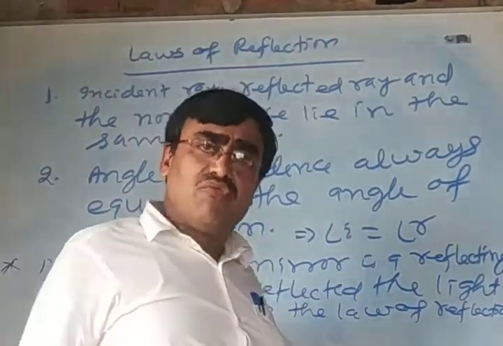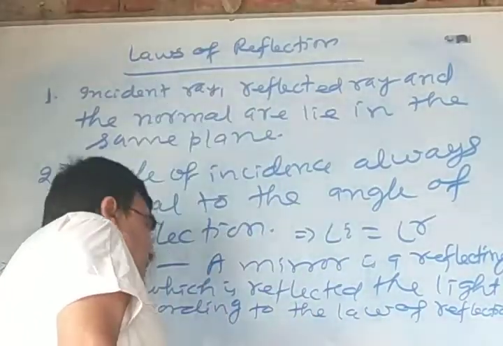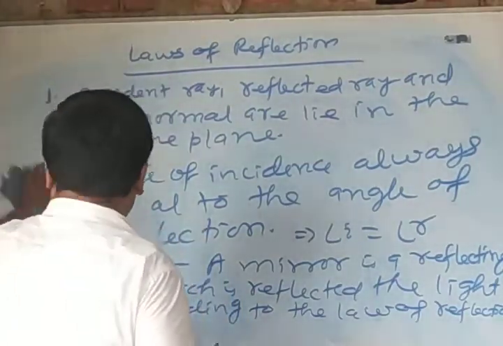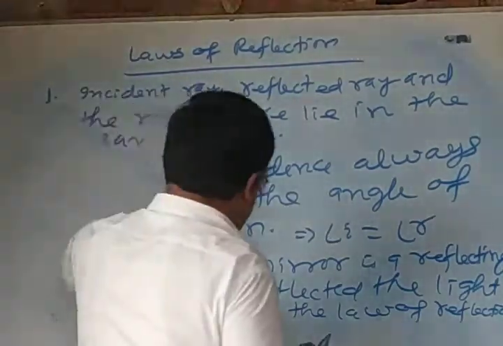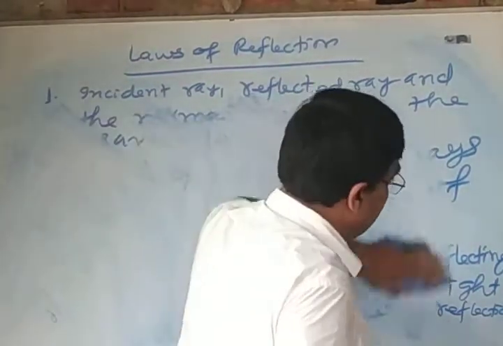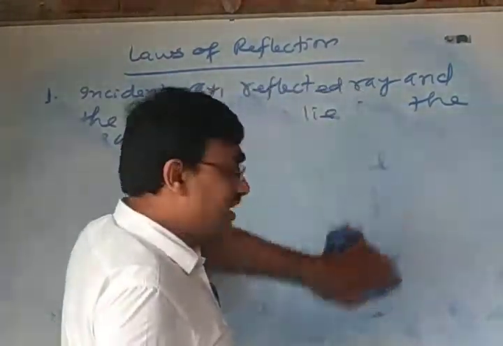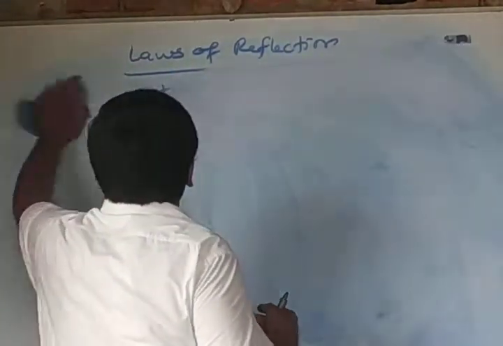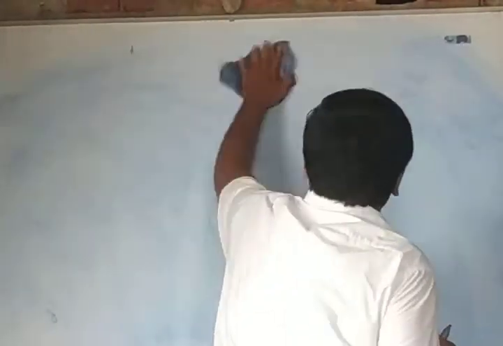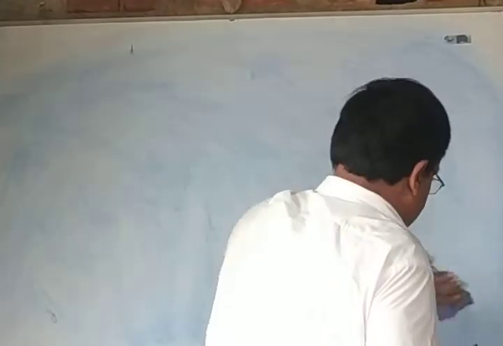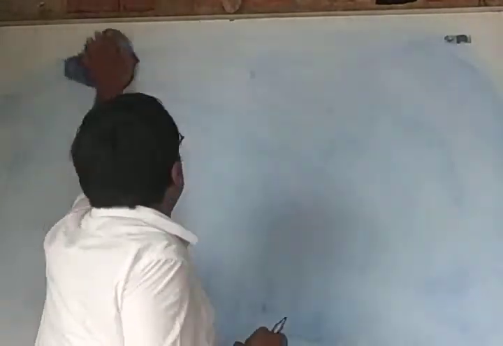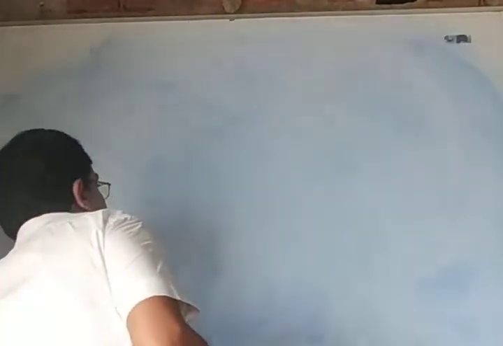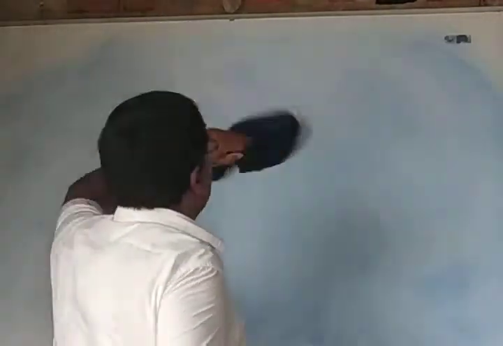When we classify mirrors, we find that a mirror has mainly two types: plane mirror and spherical mirror.